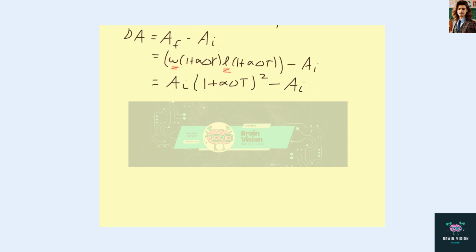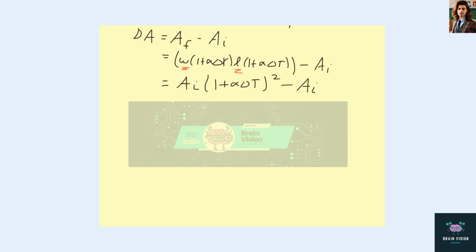Now we can do out this quadratic. We find that delta A is equal to initial area times 1 plus 2 alpha delta T plus alpha squared delta T squared, and then we're going to have a minus 1 because we factor out that AI on the right side.